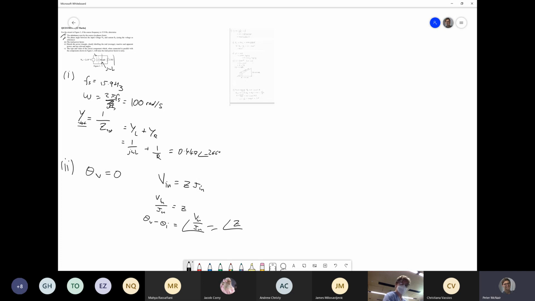Thanks, Nikki. If we take 1 on this, that's essentially just going to put a positive sign in front of our angle, right? So this is just going to be 26.6 degrees. Try not to do any more work than you need to do. I didn't even need to know what the current was to find this theta V minus theta I. It was just the angle of the impedance.